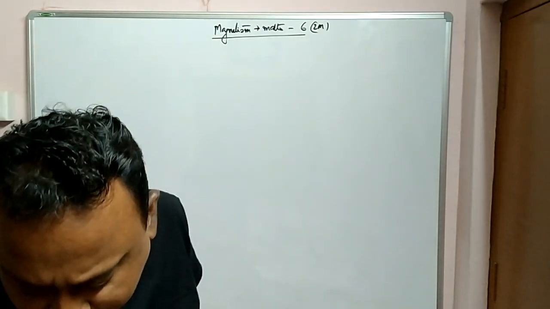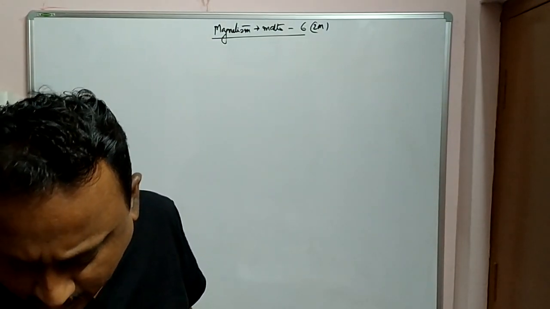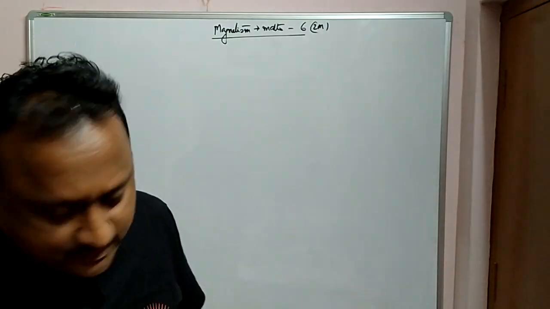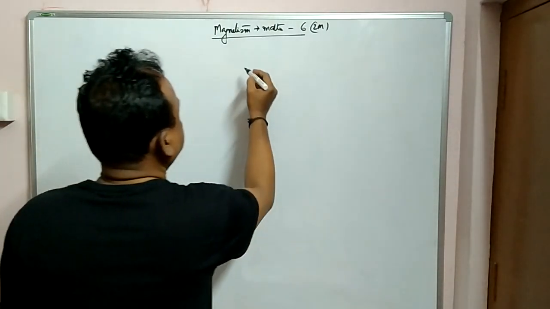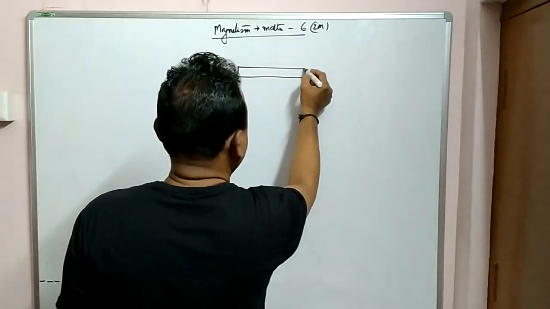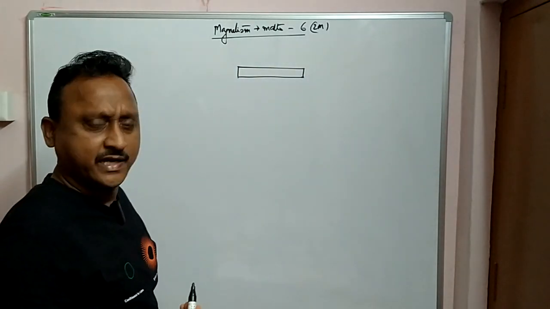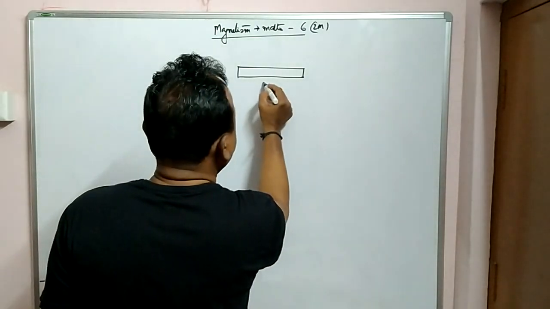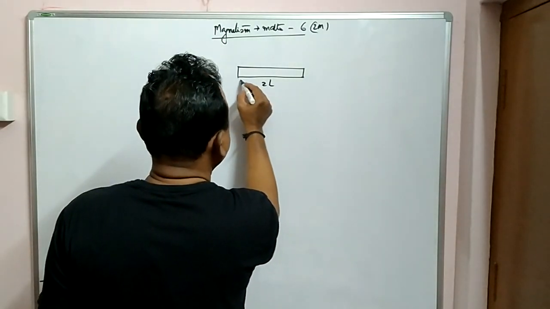So first of all, in this chapter, let us see various important points regarding magnet. We know the bar magnet. Generally in the case of a bar magnet, for all cases we will be taking the length as 2L.